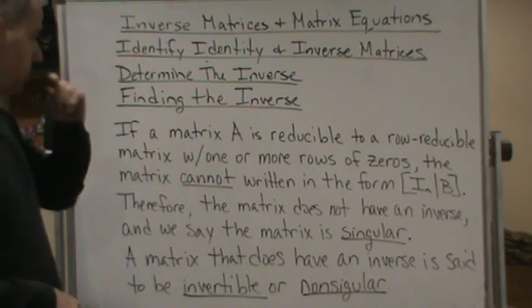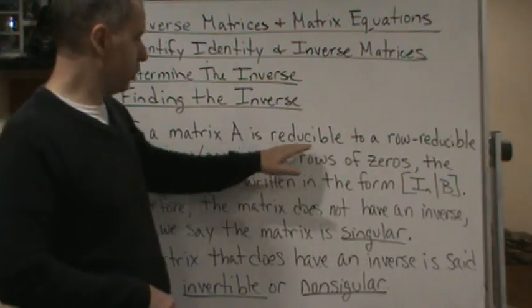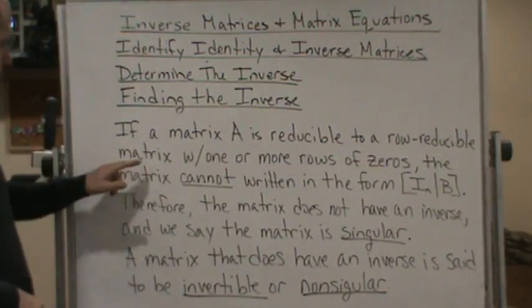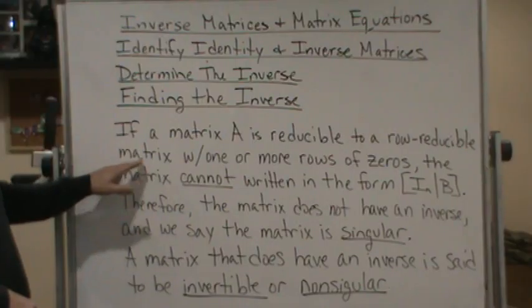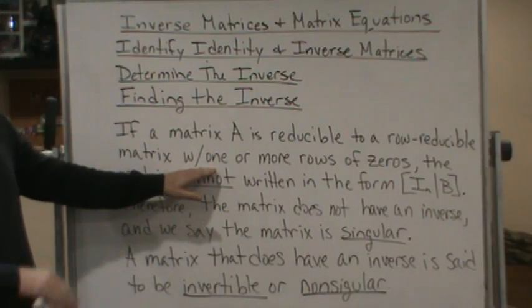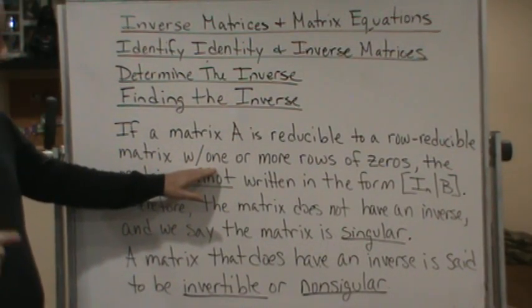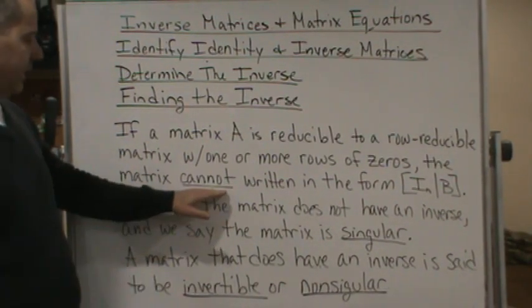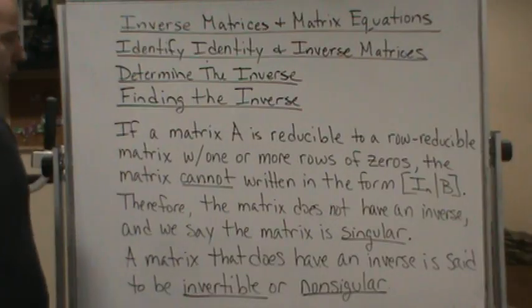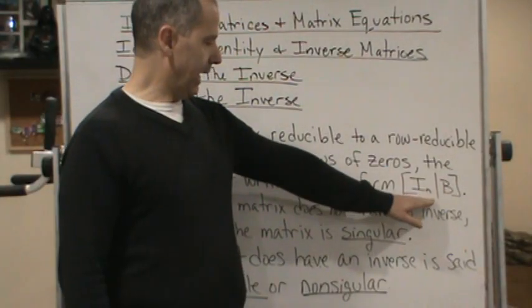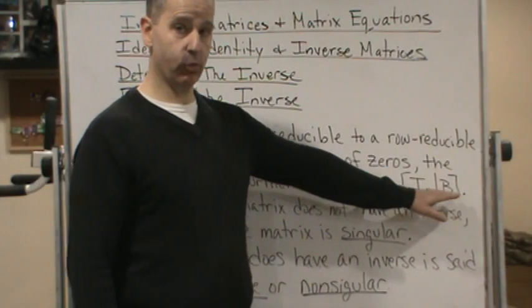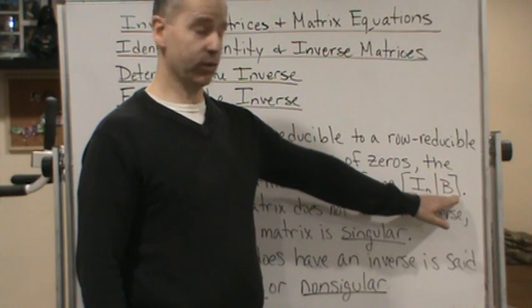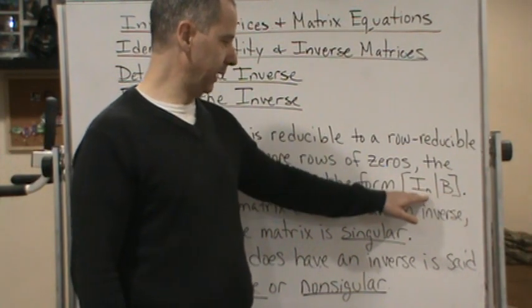So if a matrix A is reducible to a row reducible matrix with one or more rows of zeros, we've seen that before, the matrix then cannot be written in the form of the identity on the left with a matrix on the right of the vertical line.